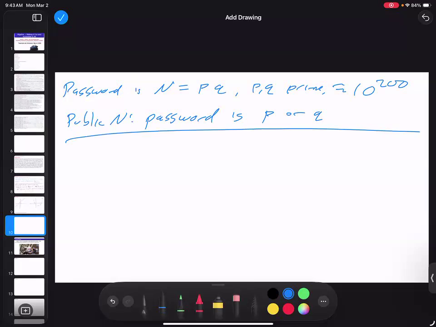Does anybody have a sense of how big 10 to the 200 is? Put things in perspective. There's less than 10 to the 100 objects in the universe. So if every object in a universe was a universe, that's less than 10 to the 200.